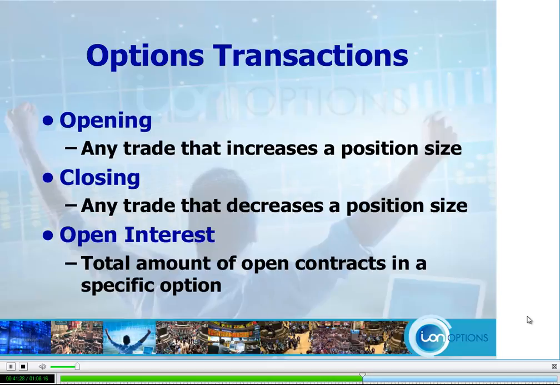Anybody who tells you, oh, don't trade those options because there's no open interest, is someone that is a liar, because open interest does not have anything to do with liquidity. Anybody who tells you different, ask for your money back because they do not know or understand options. Liquidity talks about size and width of the market.